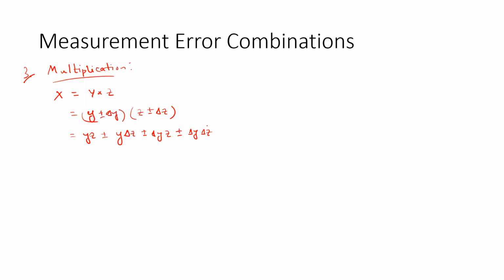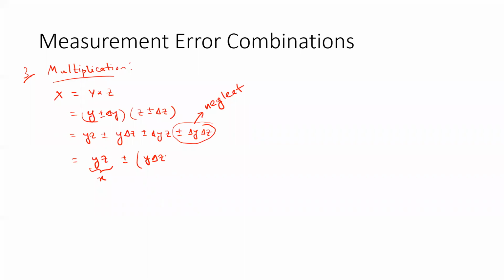After we write it in this form, if we consider this term, this is supposed to be very small compared to the other terms, because here only the two errors are multiplied. So the error is supposed to be very minimal if we are considering random error. Then if we multiply these two quantities, it will eventually give us a small value compared to the others. So we can neglect this term and finally refer to y times z as our value of x.